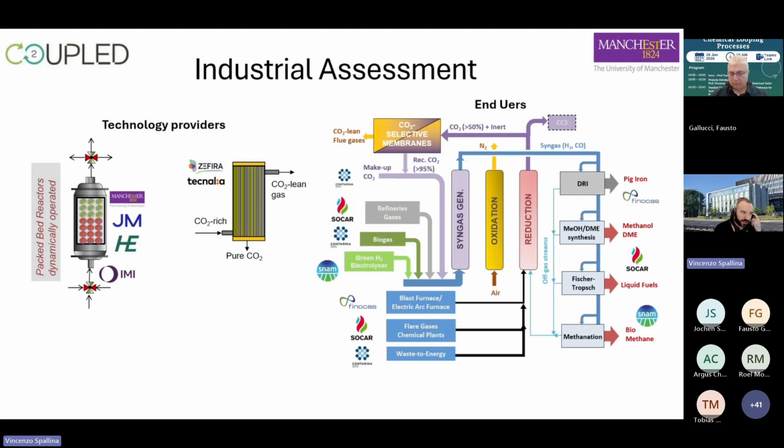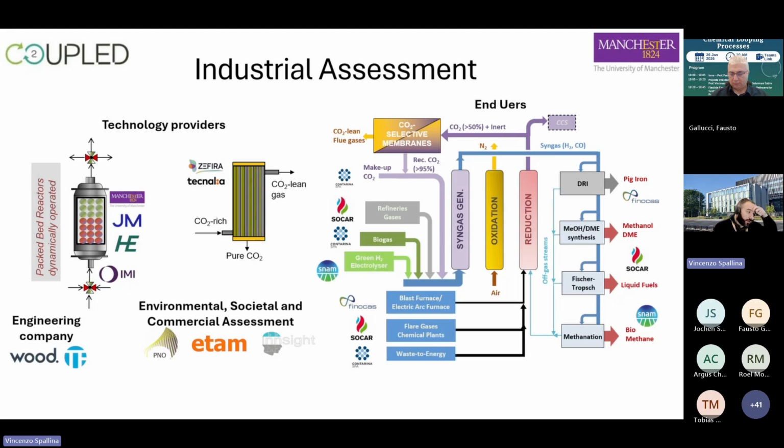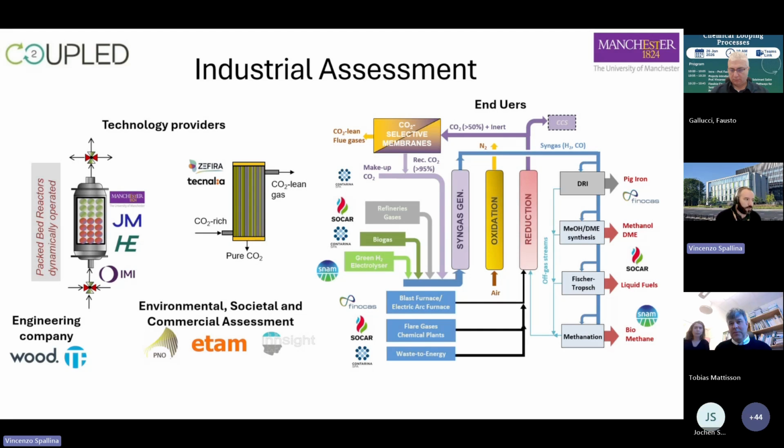You can see all the industrial partners which are involved in either technology production, technology providers or end user, but also we have engineering company which will look after the cost analysis and the EPC design, but also environmental, society, and commercial assessment support to boost the impact of the technology.